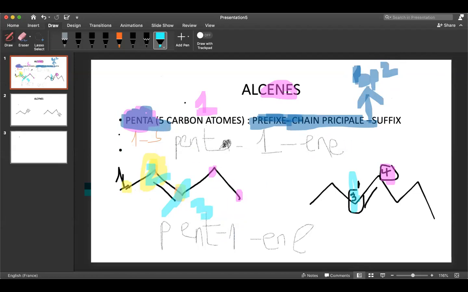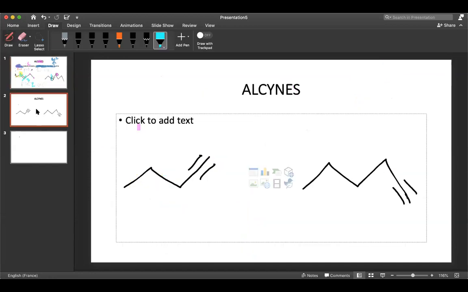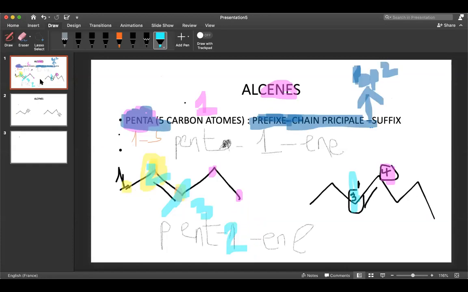So this one becomes pent-2-in, because the double liaison is at position number 2. Any questions so far? Because what you've done here is the same thing you do for this one.